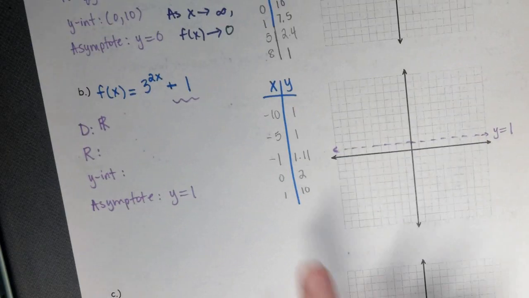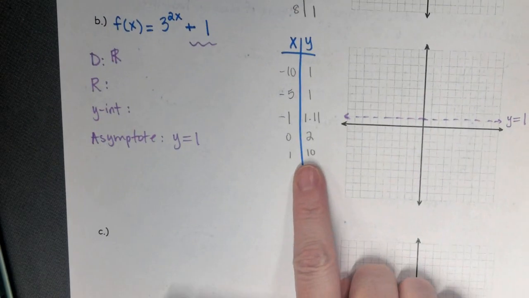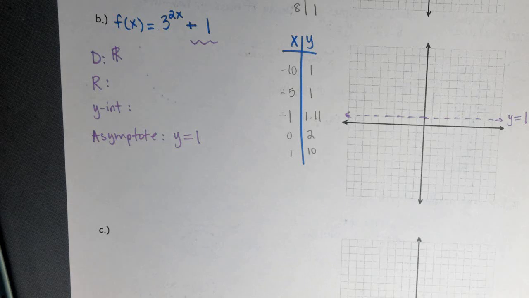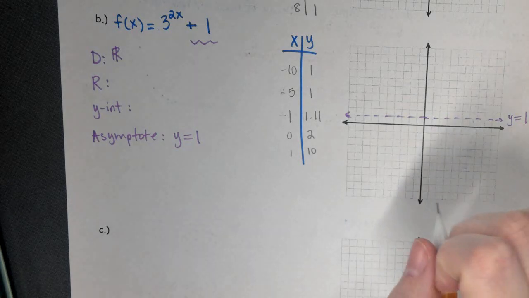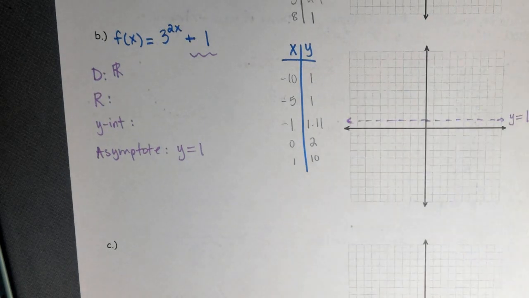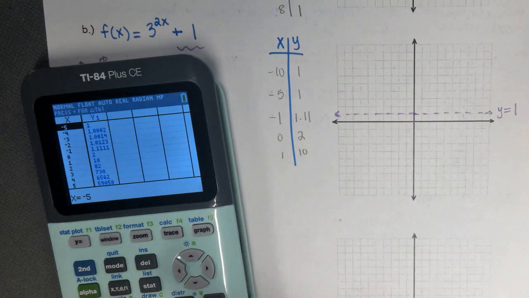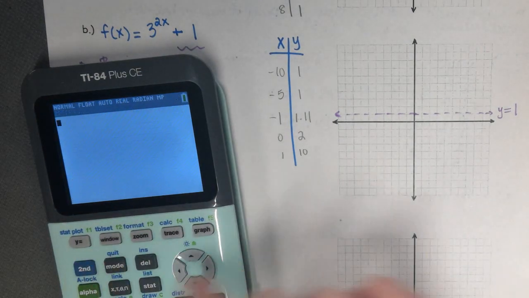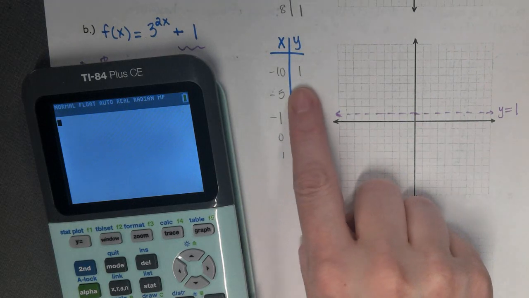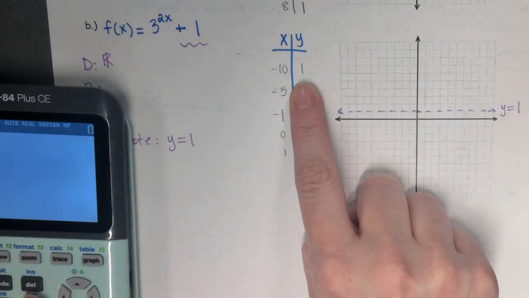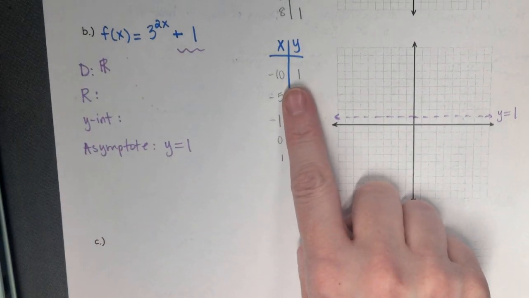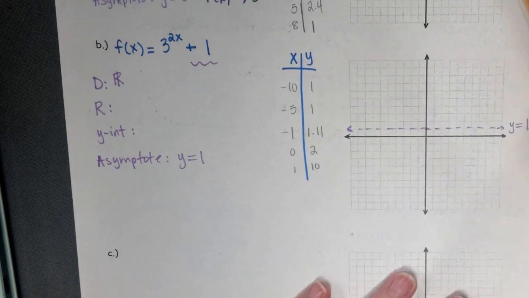Okay? Now this is special because this value is so small that your calculator won't even calculate it. So if you were to plug in, like, see how this is 1? Okay, your calculator actually rounds this to 1. I'll prove that to you in a second.